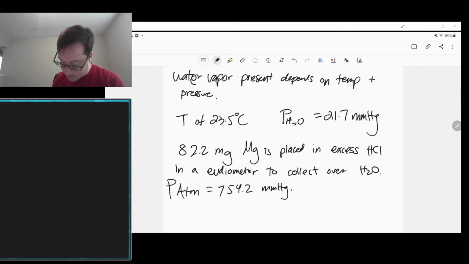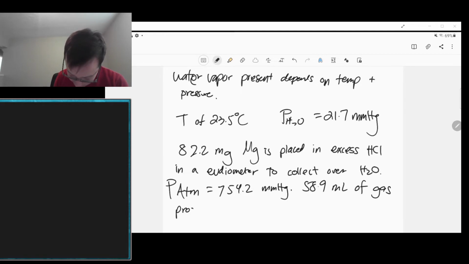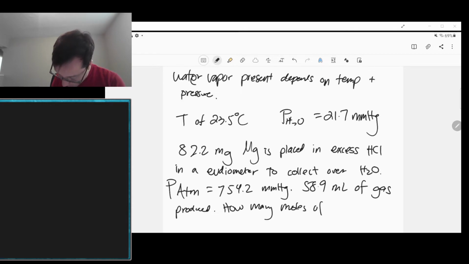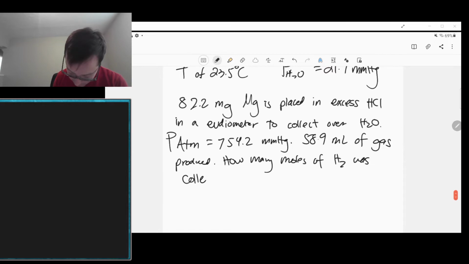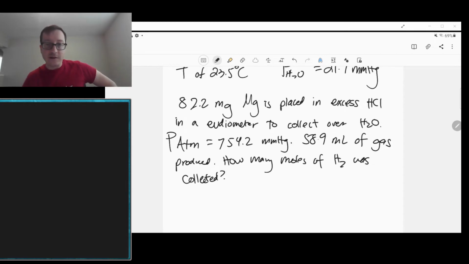And let's say that we observed that 58.9 ml of gas was produced. We can see how many moles of hydrogen would be present in that.